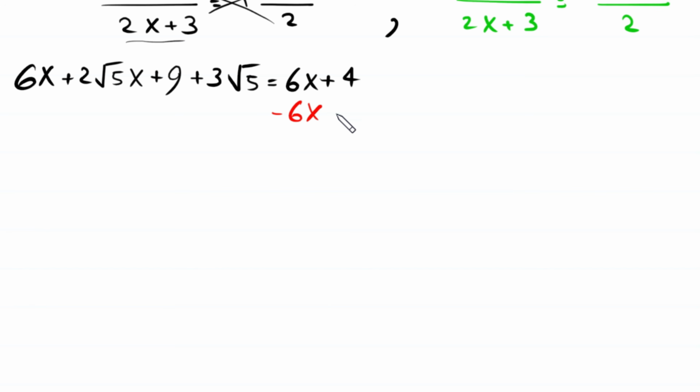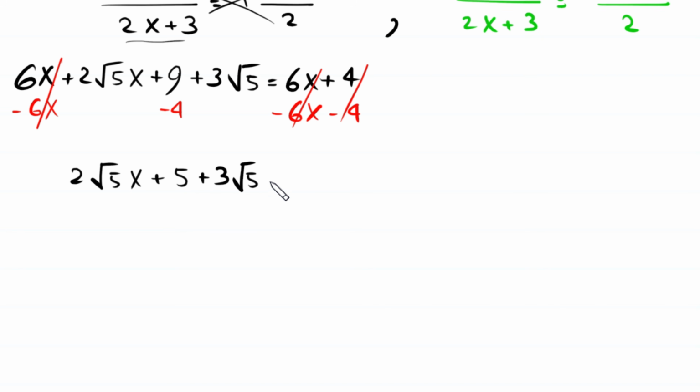Subtract 6x and 4 from both sides. This cancels out, this cancels out, this cancels out. We are left with 2 times root 5 times x plus 5 plus 3 times root 5 equal to 0.